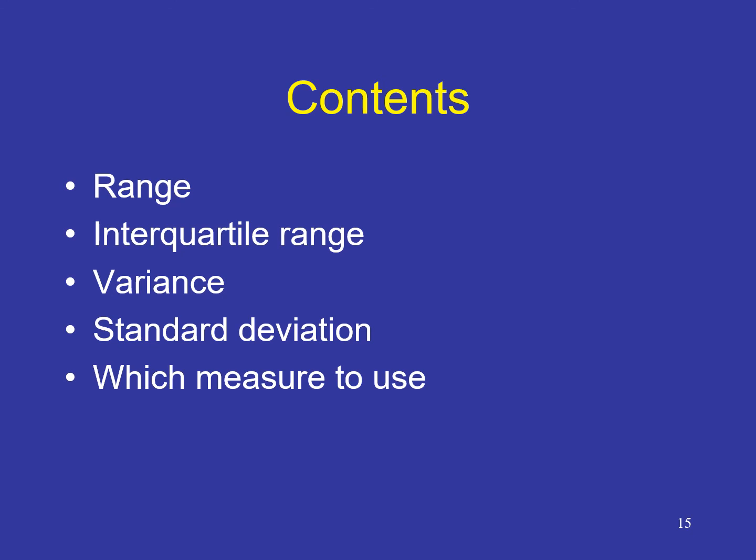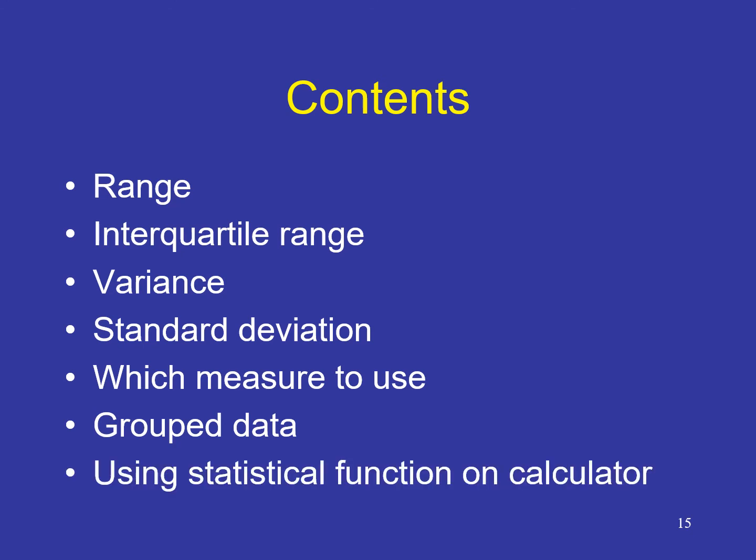The exception to that is if there are some extreme outliers, it's sometimes best to use the interquartile range, or if the variable is an ordinal variable, then we have to use the interquartile range. Then finally, we looked at an adjustment to the formula if the data are grouped. And we also looked at how to use our calculator to obtain the standard deviation just using the S button.